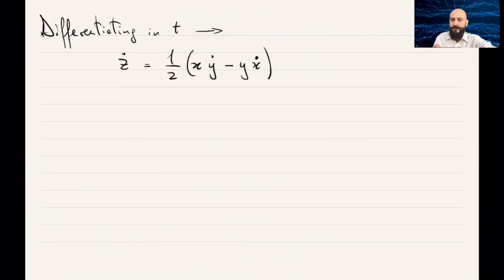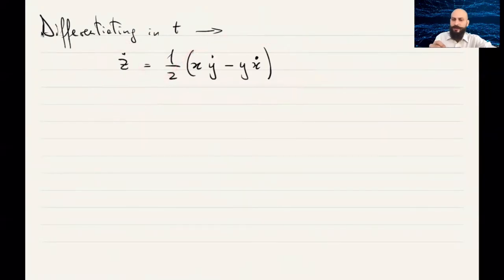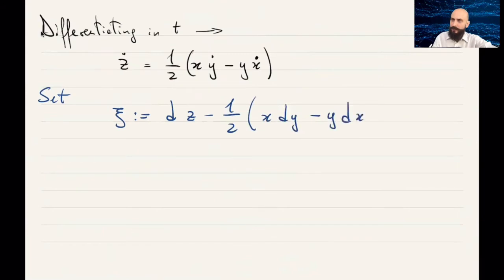Now we see this object here can be seen as a one form. Let's give a name to this one form. Let's call it xi, to be dz minus 1/2 of x dy minus y dx. Now this has become a one form in R3.